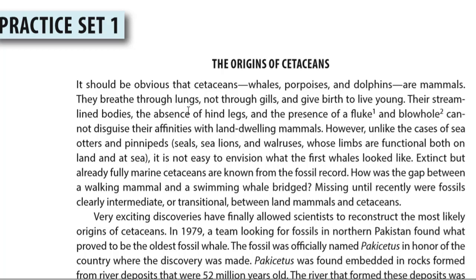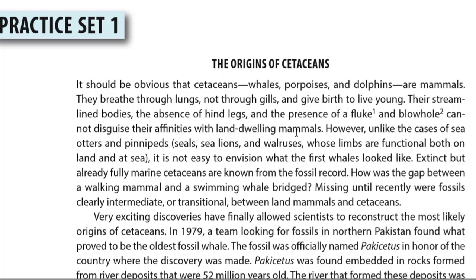They breathe through lungs, not through gills, and give birth to live young. Their streamlined bodies, the absence of hind legs, and the presence of a fluke and blowhole cannot disguise their affinities with land-dwelling mammals. Alright, actually, there were some new words to me.